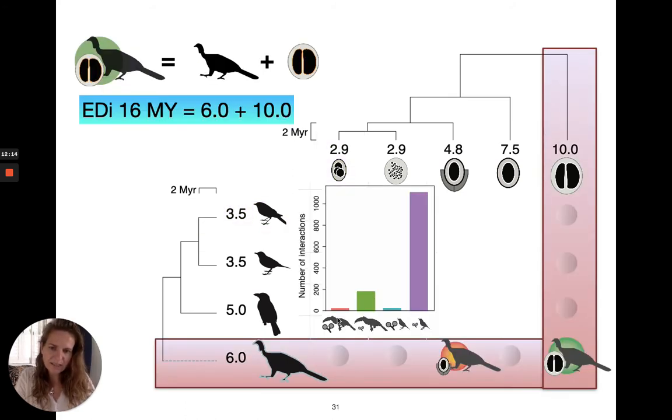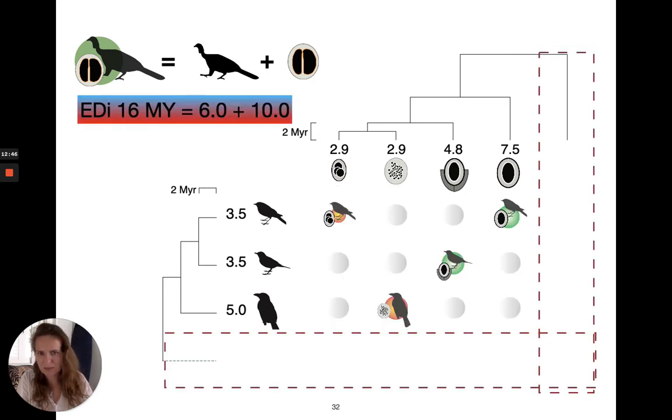On the other side, the larger body mass species tend to be more unique in their phylogenetic tree, so their combinations of ED would give us higher values of EDI. Because we know that defaunation is toward the larger body mass species, we can predict and actually calculate how many millions of years of evolutionary history we are losing when we lose such interactions.